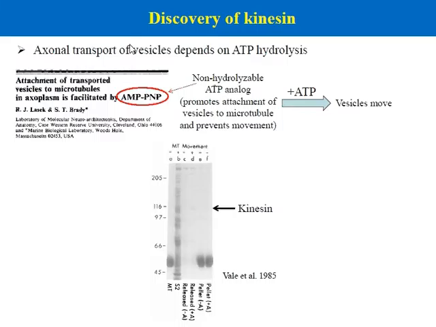So the idea is, if this is a motor protein, we anticipate that its binding to the microtubule depends on the nucleotide. If we add the analog, this motor protein will stick to the microtubule. Add ATP, and it will be released from the microtubule.